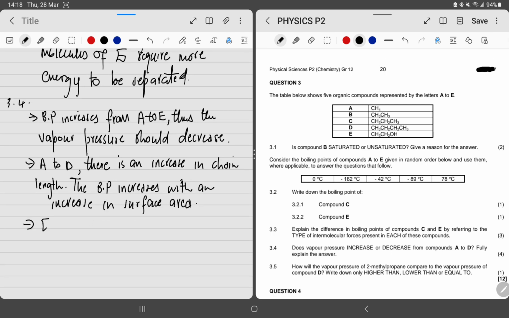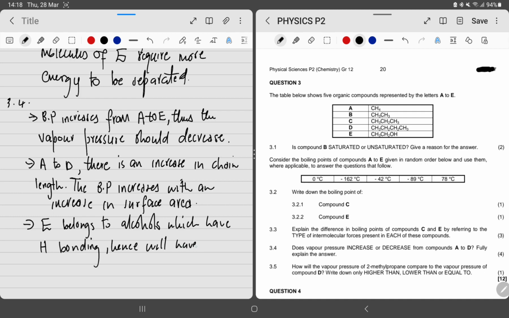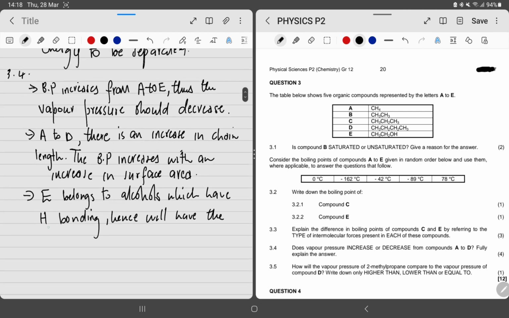And then E simply belongs to alcohols, which have H bonding, hence will have the highest boiling point.